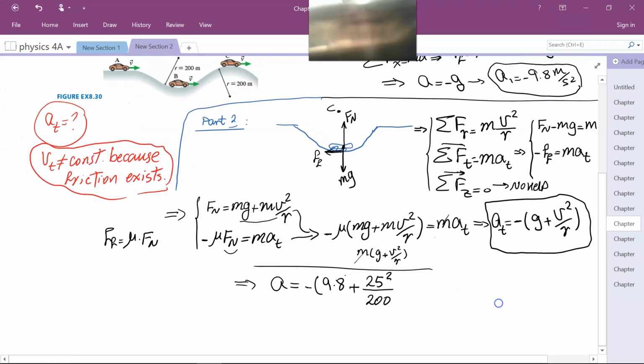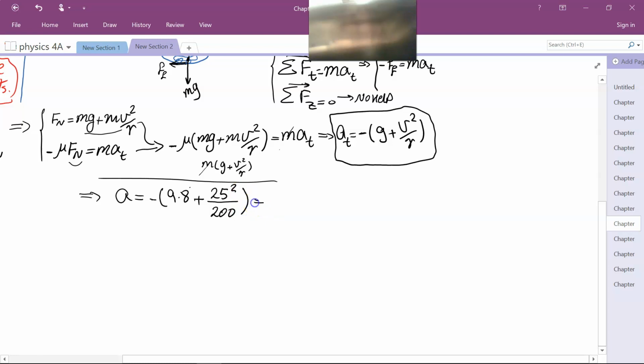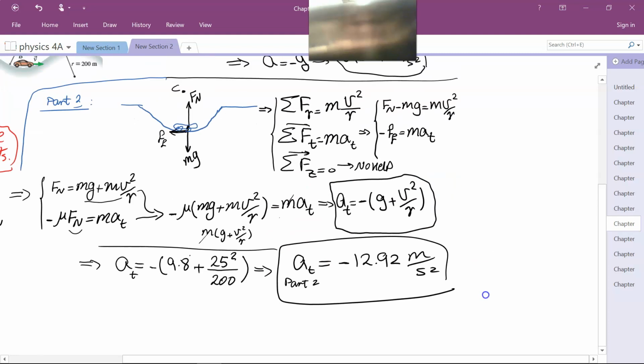The picture says 200, say 200 meters. So tangent acceleration on part 2 becomes what? 25 squared will be 625 divided by 200 plus 9.8. The answer is negative 12.92 meters per second squared. Yes.